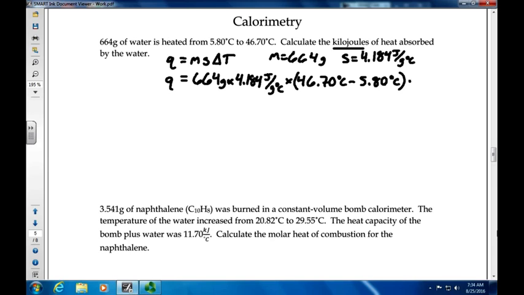So let's go ahead and do the conversion right now: 1 kilojoule for every 1,000 joules. When you do the arithmetic out, the answer comes to be 114 kilojoules, keeping to 3 significant figures.